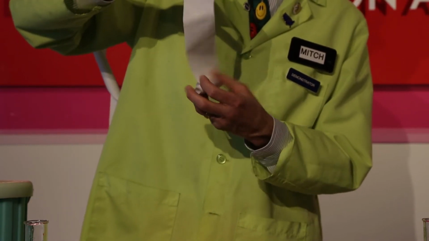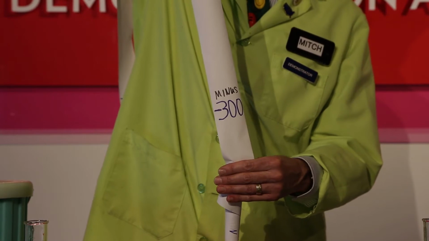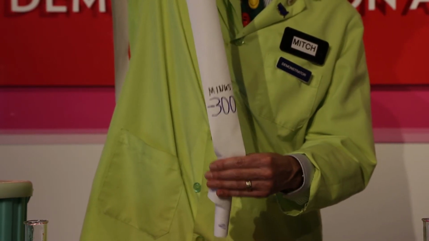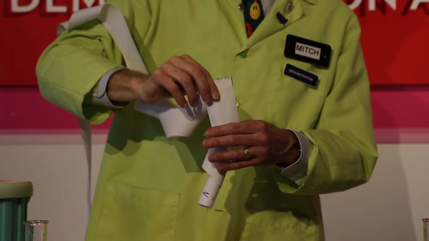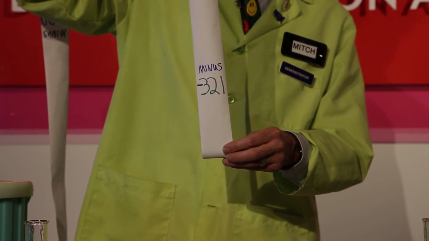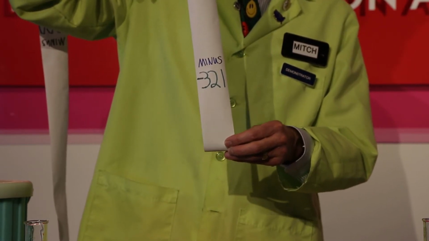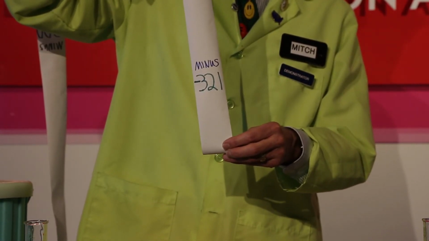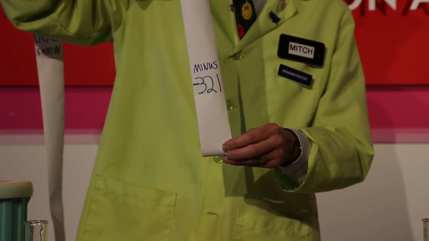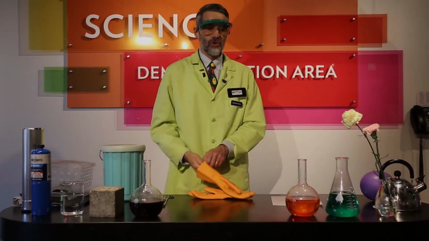Nope. Lower? How about minus 300? That's pretty cold. That's about as cold as you can get in the universe, but you can still get colder. A whopping 321 degrees below zero. That's how cold one must take a gas known as nitrogen before it turns into a liquid.